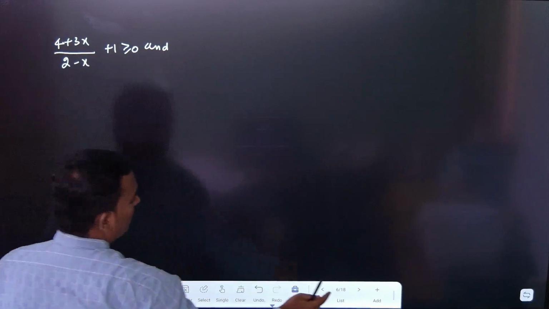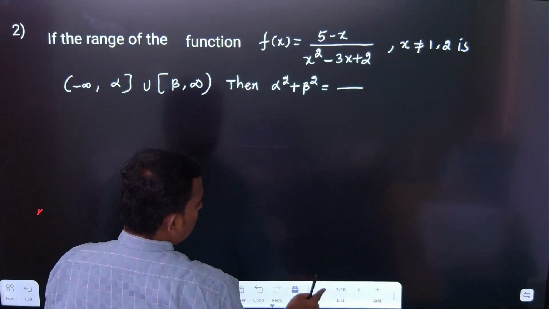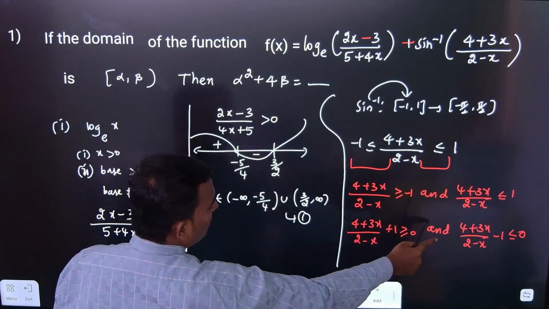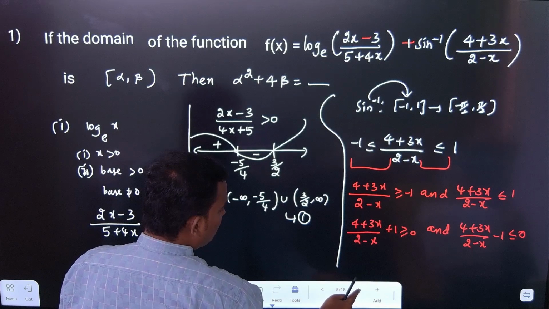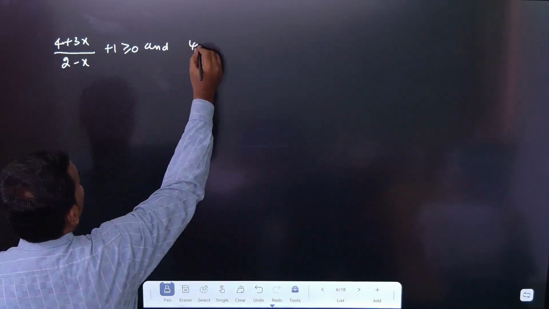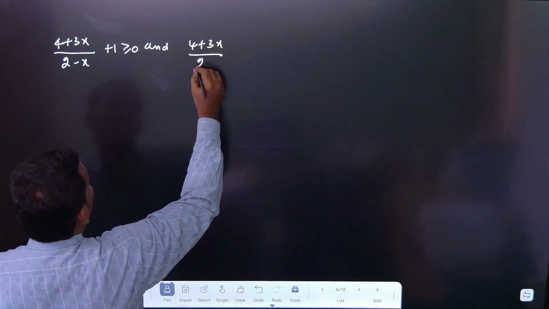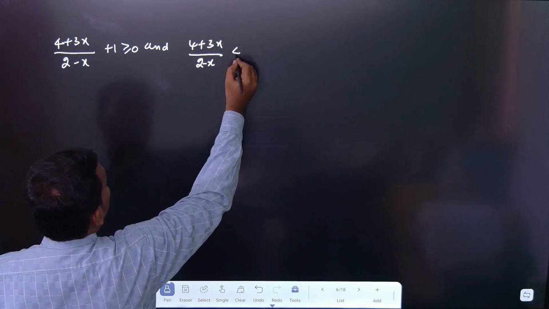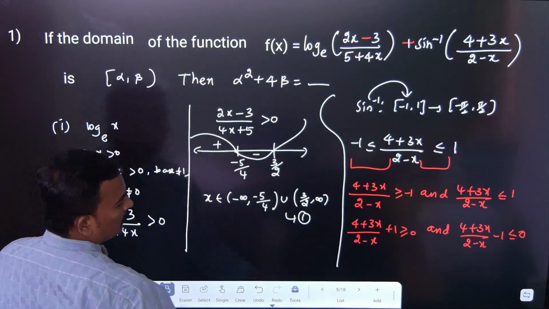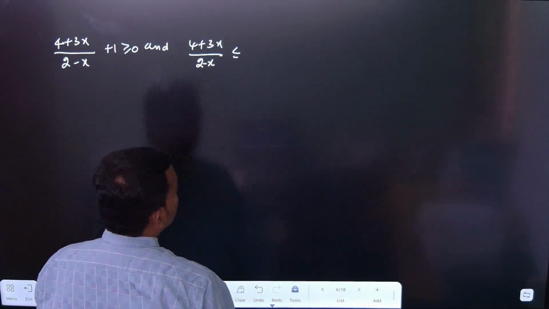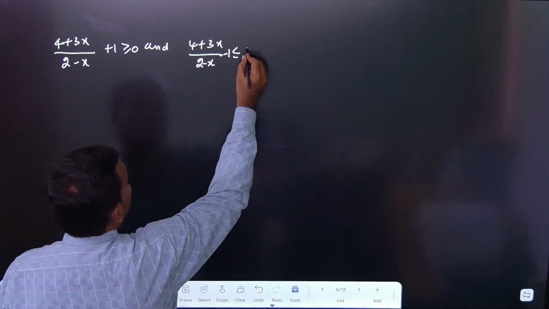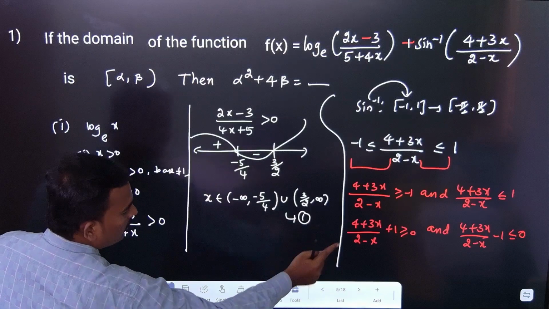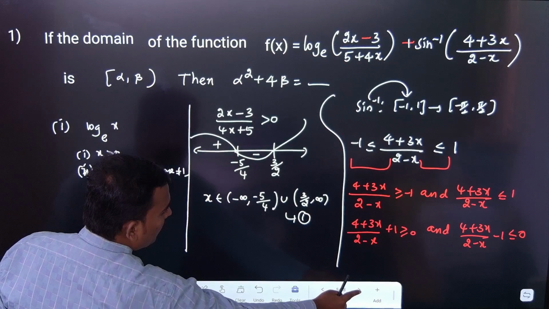And the second one here is, okay, sorry. The second one is (4 + 3x)/(2 − x) less than or equal to 1. That means (4 + 3x)/(2 − x) − 1 is less than or equal to 0, right? Check it once again. Yes, correct.